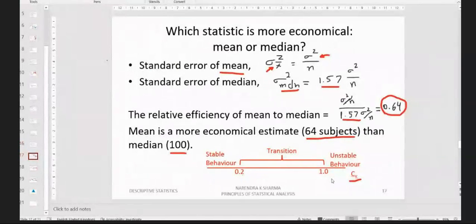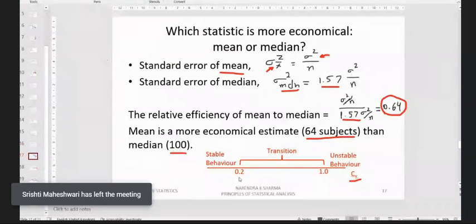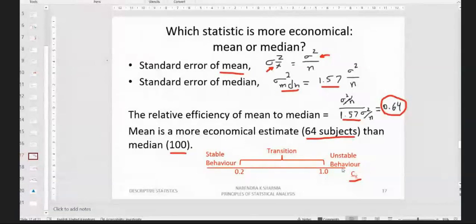Larger the CV, more volatile. Therefore, if the CV is found to be less than 0.2, the behavior is stable. So aggression, for example, there will be no sudden aggression of that group. And if CV is close to 1 and higher than that, this is unstable behavior.